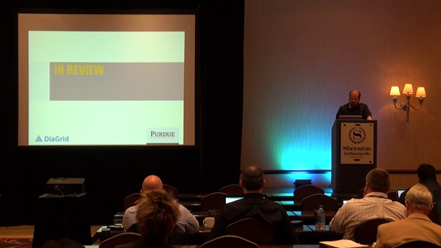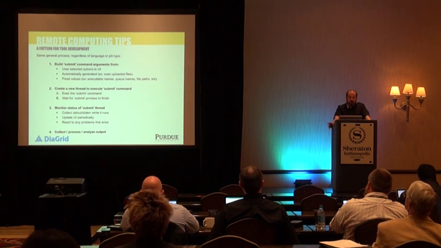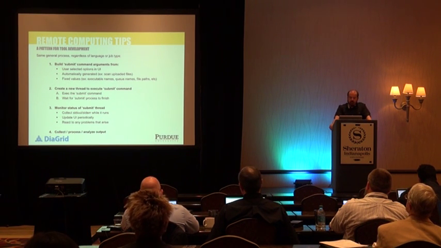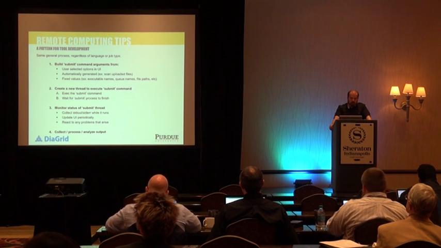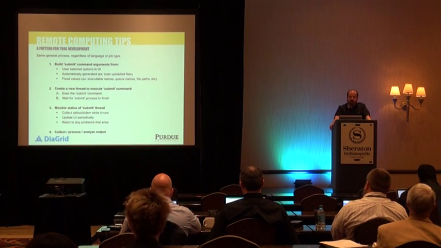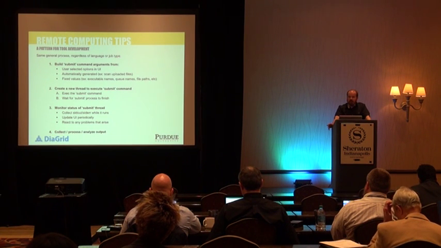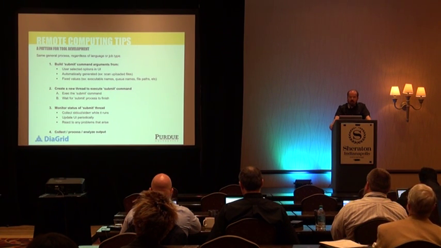And so we found that through all the tools we've created through the HUBZero system on DiaGrid, there's a general format for most all of them. You build up your list of arguments from various places, such as what the user selected in the UI, what you've been able to scan from the job files, or just fixed values like the queue names of the resources you're submitting to, or paths in the system to various executables.